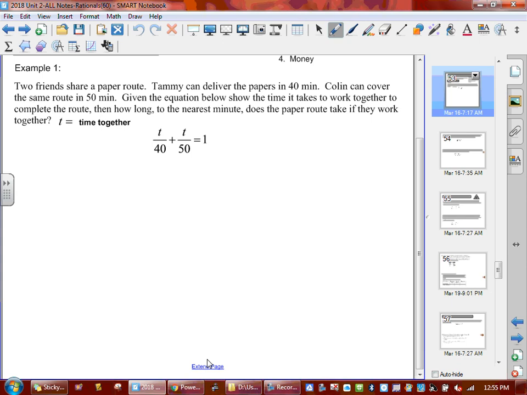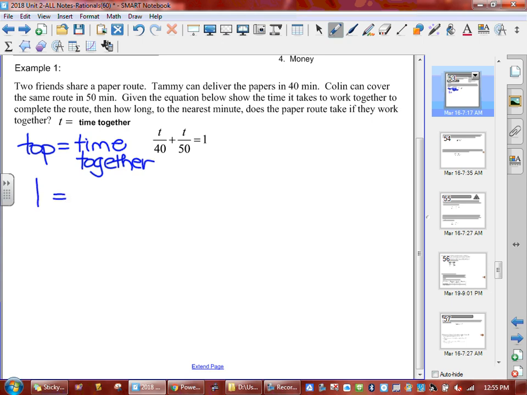So, for rate of work questions, they are always following the same format. On top is what you call time together. The 1 represents getting the complete job done.